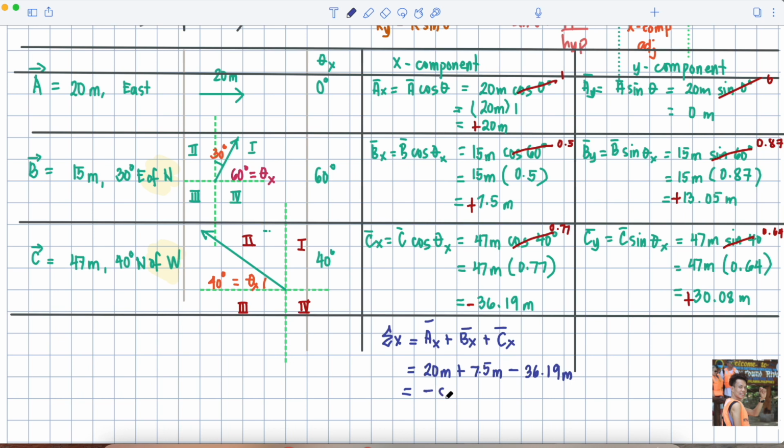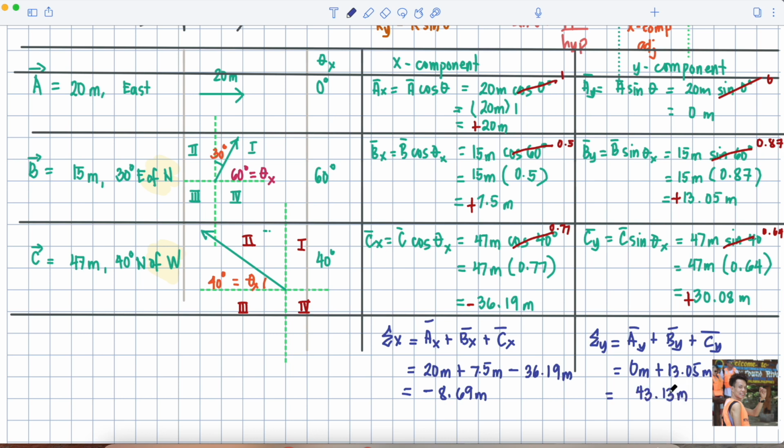Negative 8.69 meters. Summation of y is equal to ay plus by plus cy. And that will give us 0 meters plus 13.05 meters plus 30.08 meters.